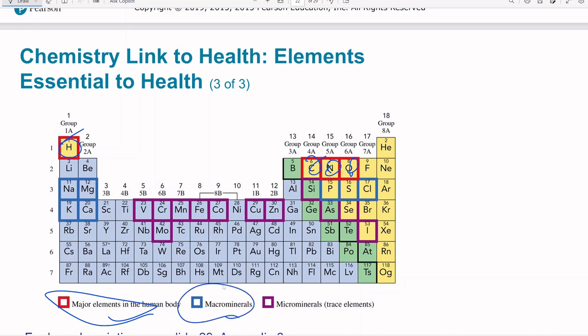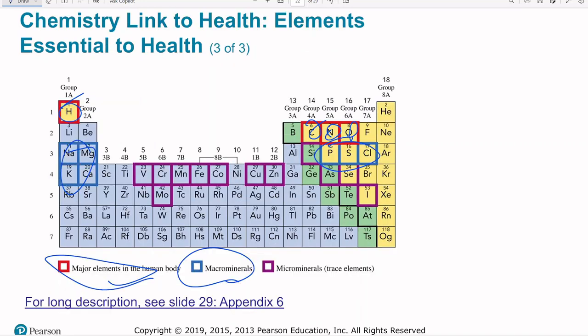Next, we have macro minerals, which are shown in blue, and these are in row 3 and 4. Okay, and then we have some micro minerals or trace elements, which are shown in purple here. Elements from the periodic table comprise all of the matter in the world around us.